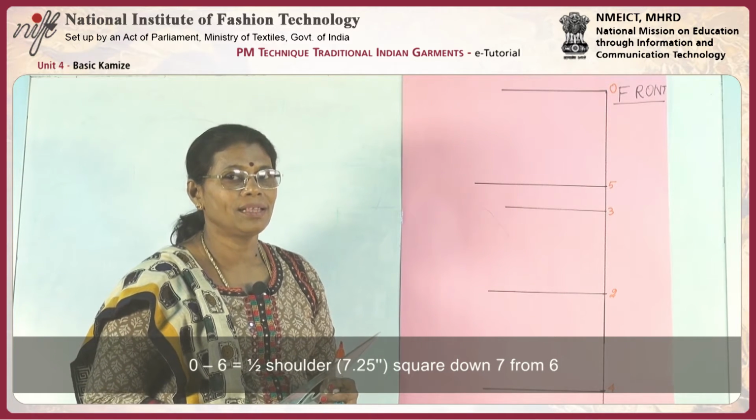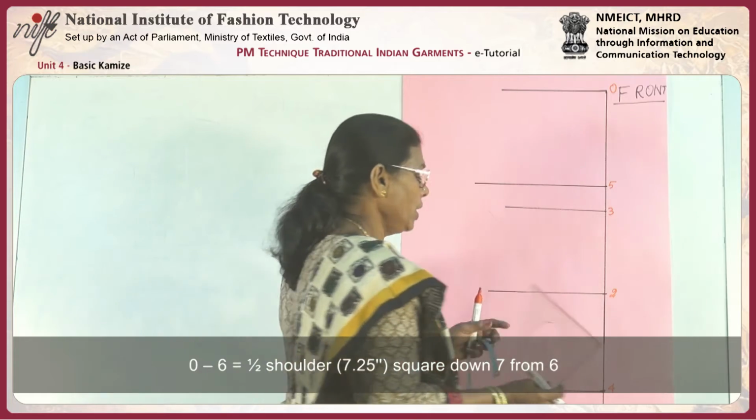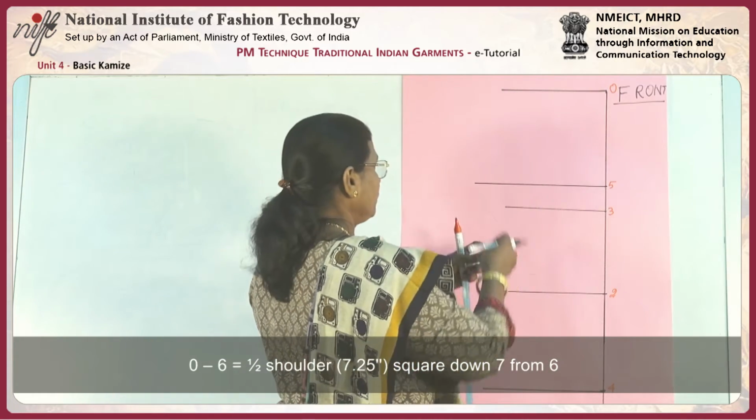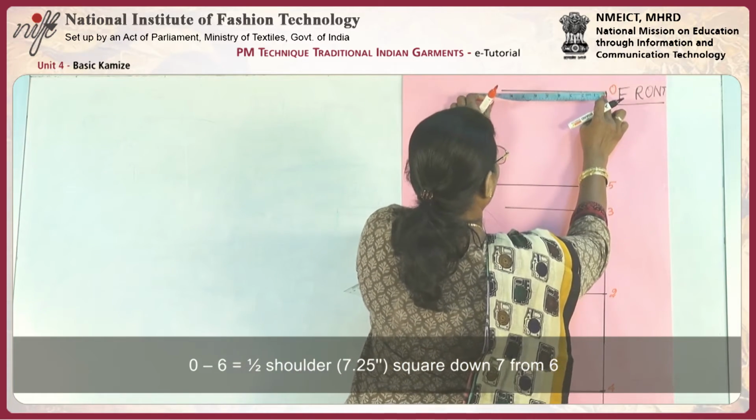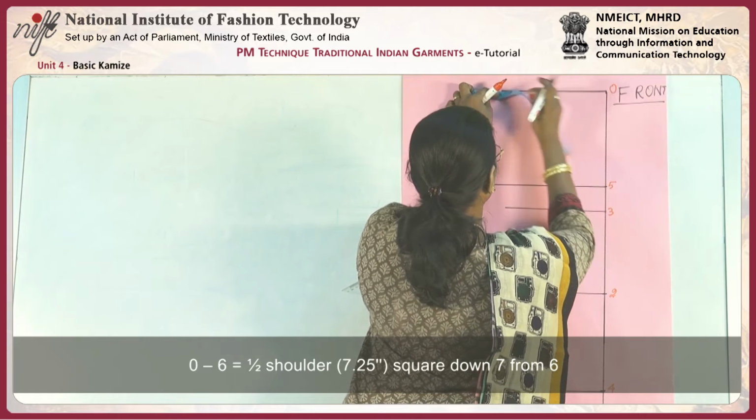0 to 6 is half shoulder. Shoulder 14.5, half is 7.25.